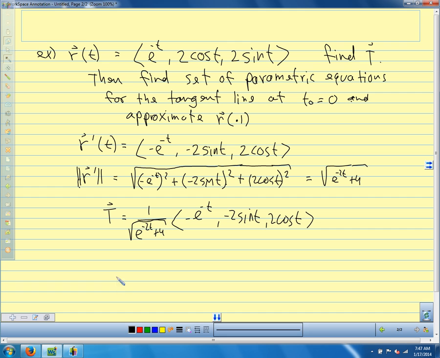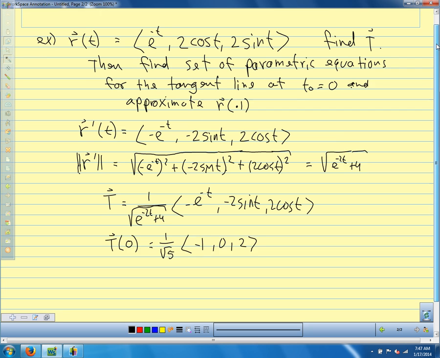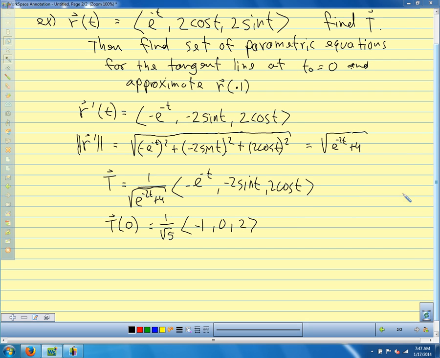So we're going to find T at 0. When I find T at 0, this gives me 1 over the square root of 5 times negative 1, 0, 2. So this is going to give us our direction numbers.